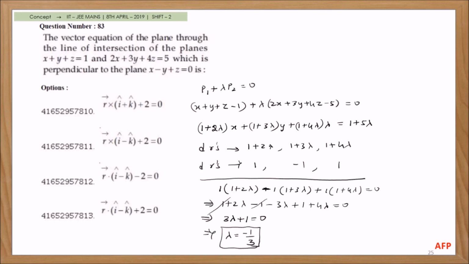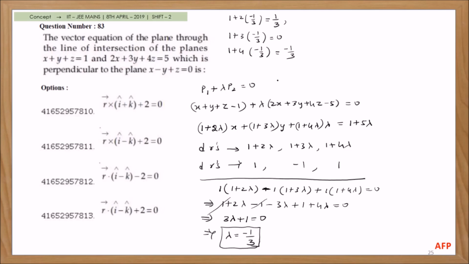If I substitute in this, 1 plus 2 times minus 1 by 3 is nothing but 1 by 3. Next, 1 plus 3 into minus 1 by 3 is 0. Next, 1 plus 4 into minus 1 by 3 is minus 1 by 3.